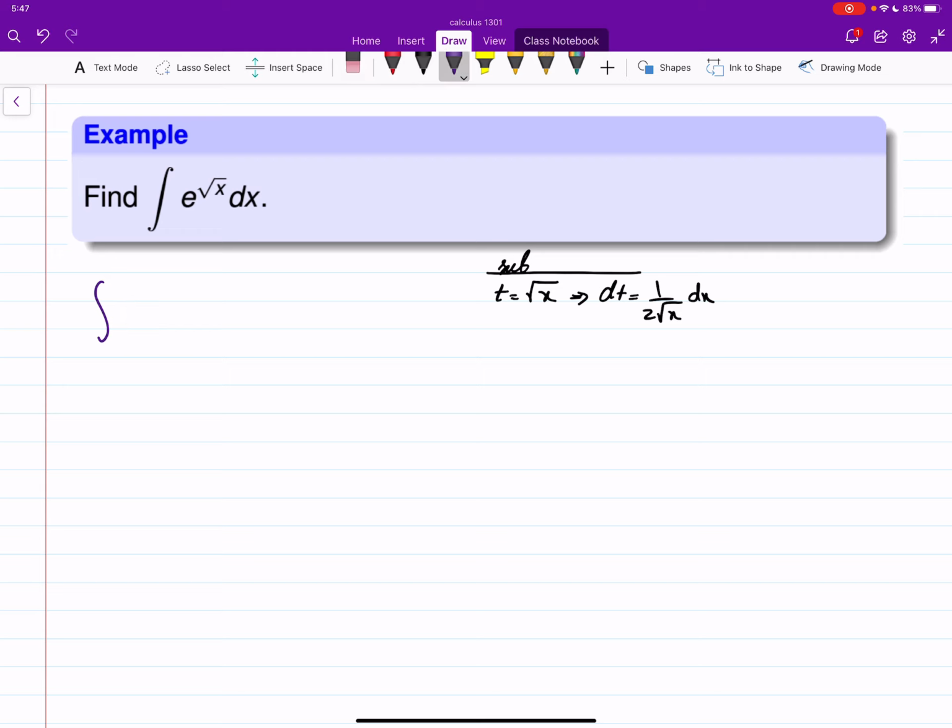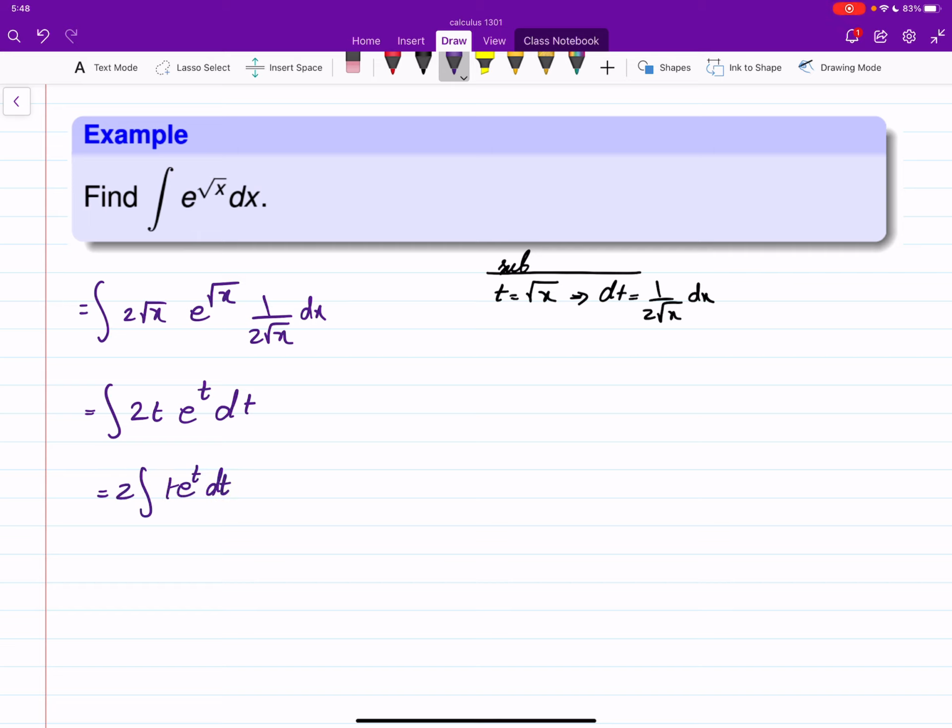So I will do 2 root x e to the power root x times 1 over 2 root x dx. Okay, so this is now the integral of 2t e to the power t dt. Done. My integral is now one of the forms that we know how to handle.